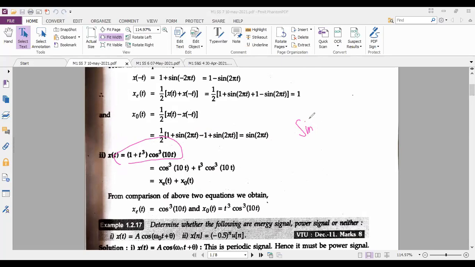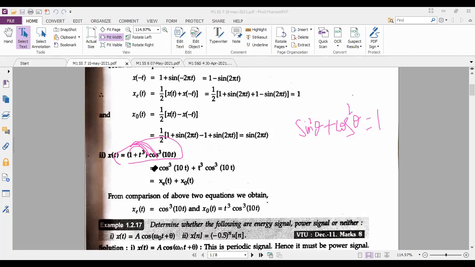Sine square theta plus cos square theta can be reduced to 1. But here that chance is not there. If there is no chance, you solve it as usual. The only simplification is just multiplying: 1 into cos cube 10t, and t cube into cos cube 10t.